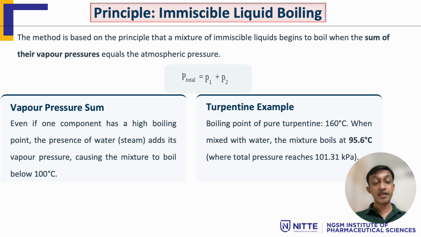This reduction in boiling temperature occurs because water contributes its vapor pressure, the organic compound contributes its vapor pressure. Together, they reach atmospheric pressure at a lower temperature. This principle allows us to distill high boiling, heat sensitive substances safely.